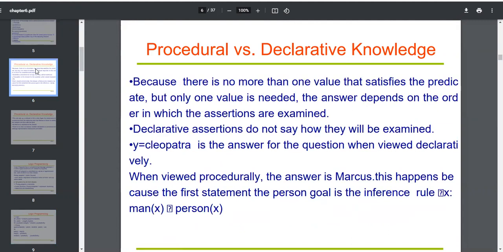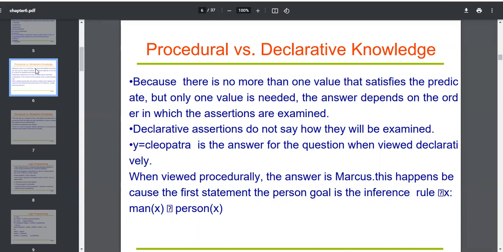Now, because there is more than one value that satisfies the predicate, but only one value is needed, the answer depends on the order in which the assertions are examined. So what happens in the case of declarative assertions, and what happens in the case of procedural assertions?